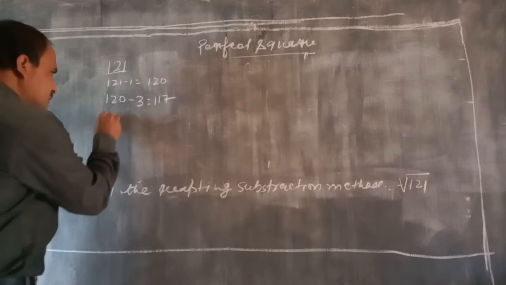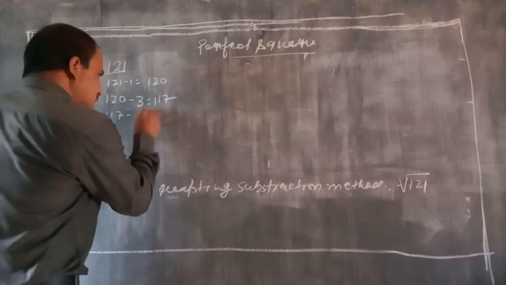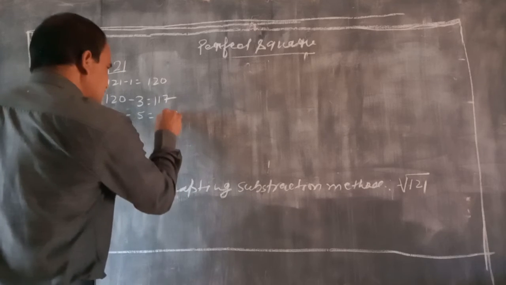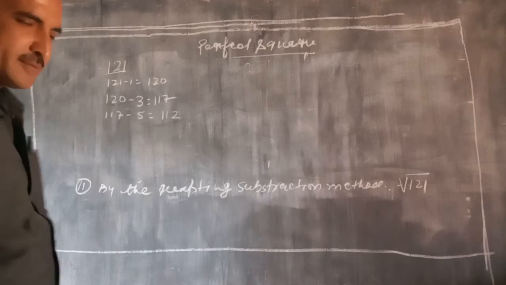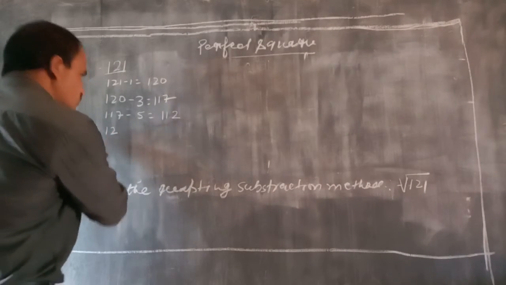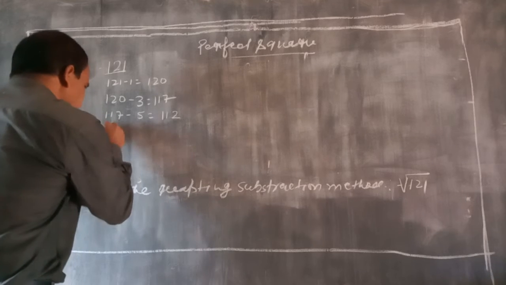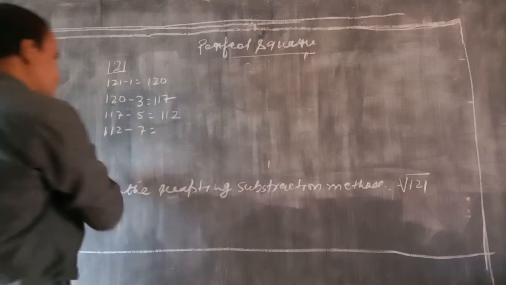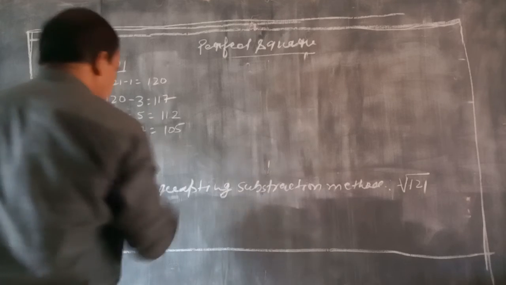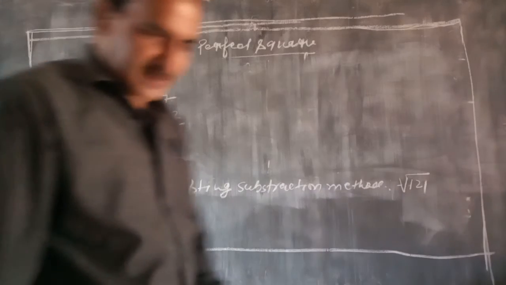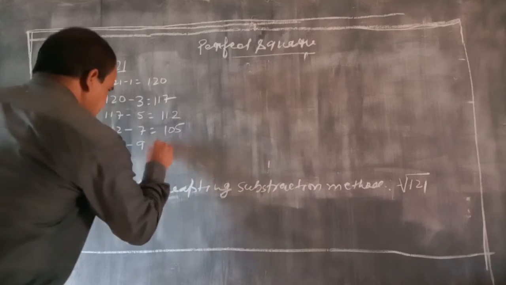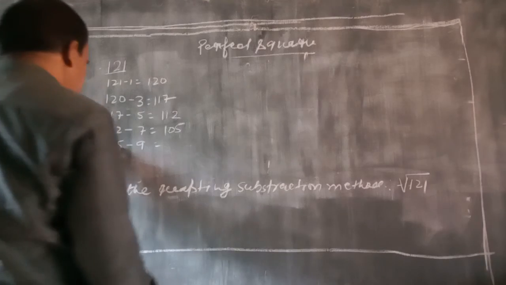Then from 117 you have to subtract 5. Then 117 minus 5 is 112. Next, 112 minus 7: 12 minus 7 is equal to 5, so we get 105. After that, 105 minus 9.